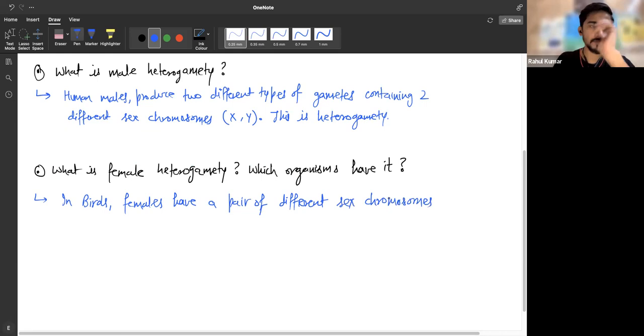In the bracket, write down Z and W. This is called the ZW system. Humans are known as the XY system.